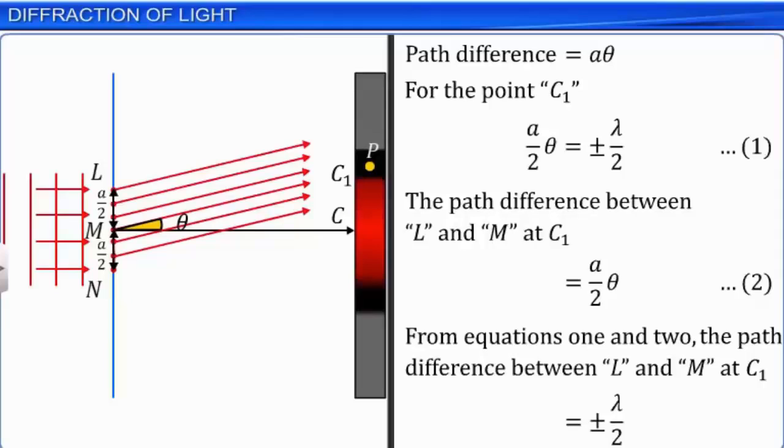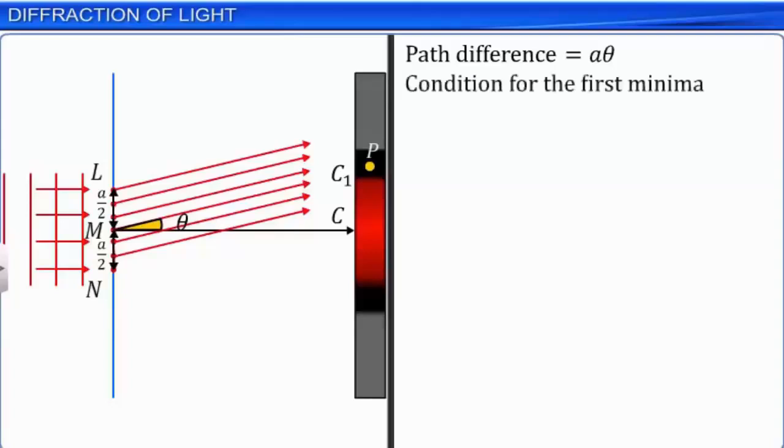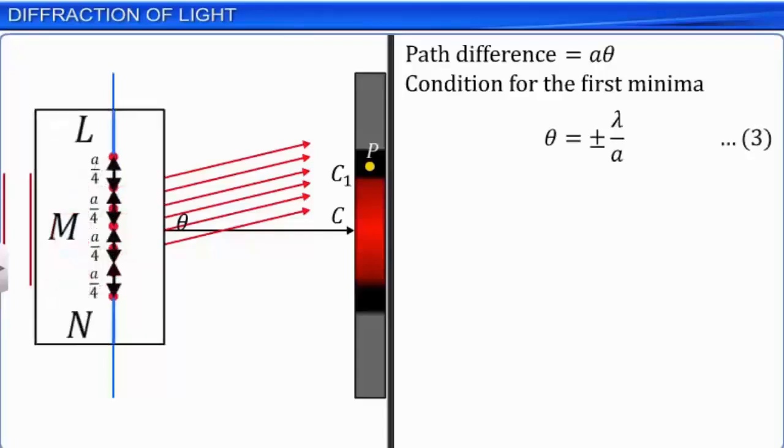Hence, the condition for the first minima is theta is equal to plus or minus lambda by A. Let this be equation 3. Equation 3 implies that the central maxima can be made wider by making the slit narrower. We can also divide the screen into 4 parts, 6 parts, and so on.